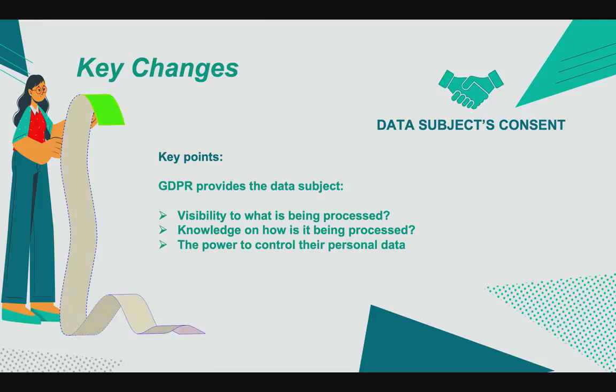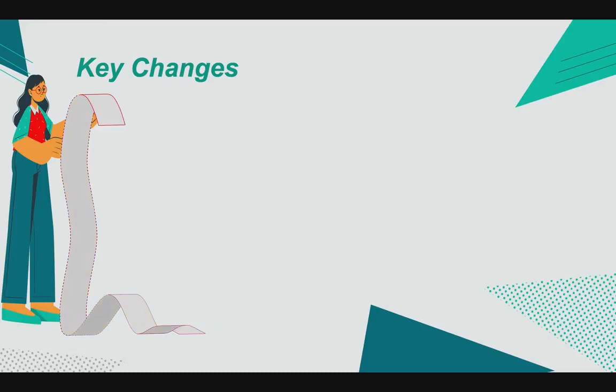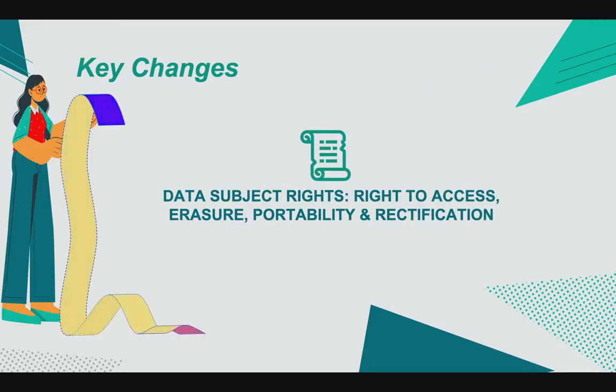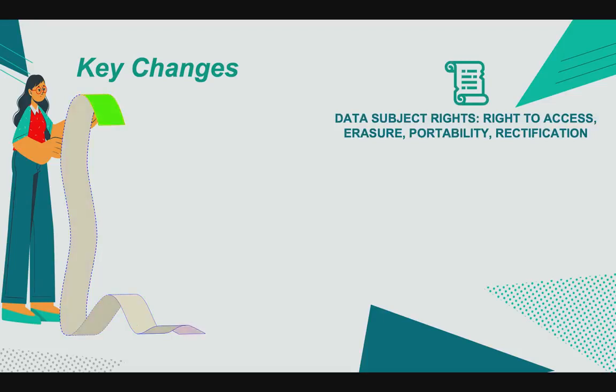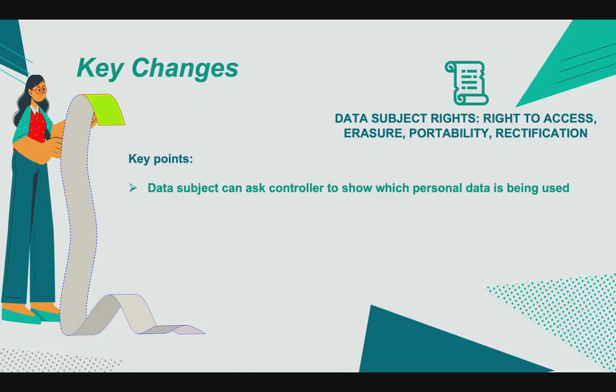The next change we will talk about deals with the data subject's rights. Right to access, erasure, portability, and right to rectification. When the data subjects are giving their data, they are given first, right to access. According to this, data subjects can ask the controller if their personal data is being processed, where it is being processed, and for what purpose it is being processed.